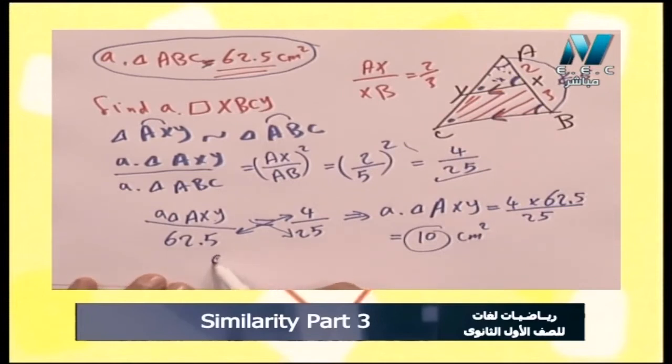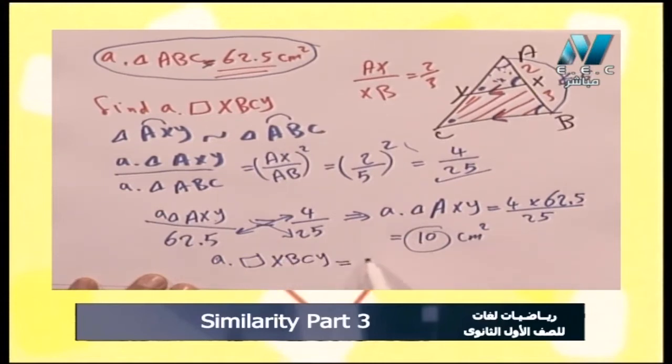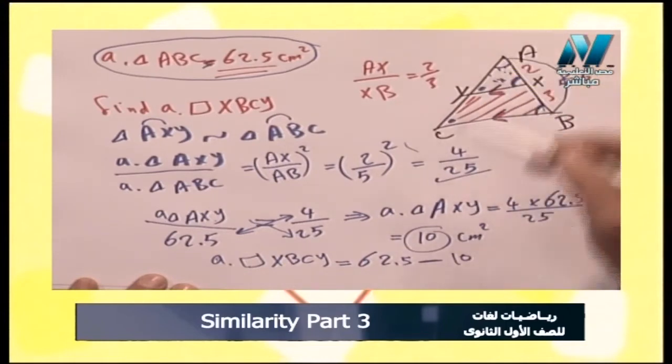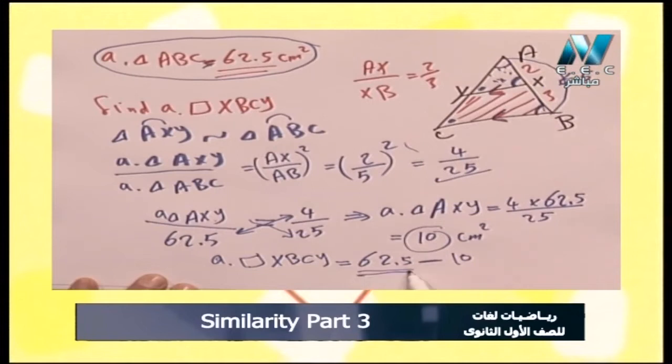So the area of quad XBCY equals 62.5 minus 10, because we have the area of the whole triangle here 62.5, and the area of the small triangle AXY equals 10 with proof here.